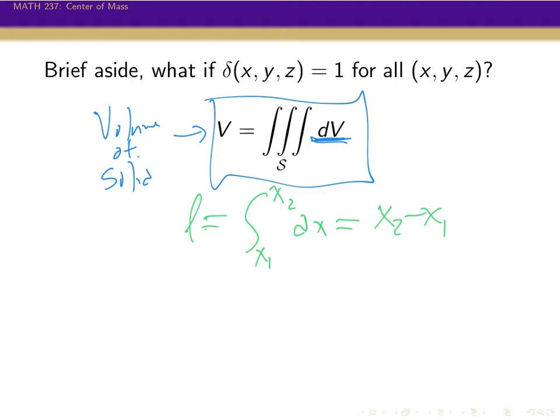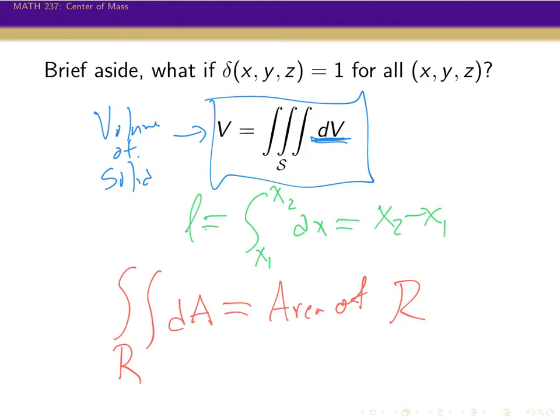What about in two variables? If you take a region and just integrate dA, what's this going to give you? Well, the analog of volume and length in 2 dimensions is area. And so if you just integrate dA over R, this is going to spit back out the area of your region.